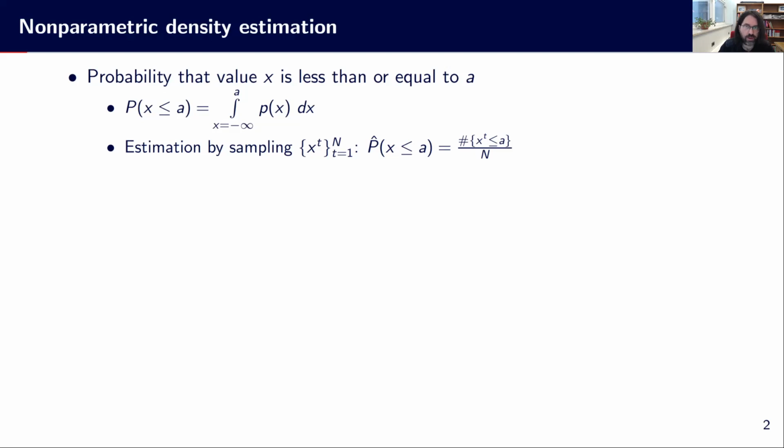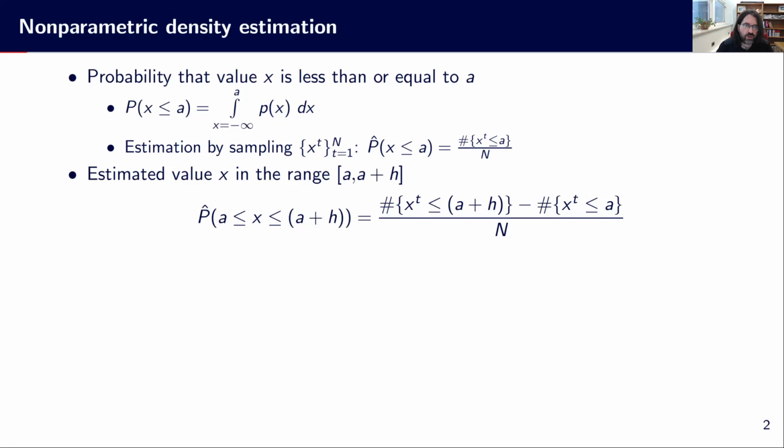And from that, we are able to estimate the probability that x is less than a in our domain simply by counting the number of xt that effectively have a value less than a. We divide this by n, so it's just looking at how many xt we have with value less than a versus the size of our sample set.